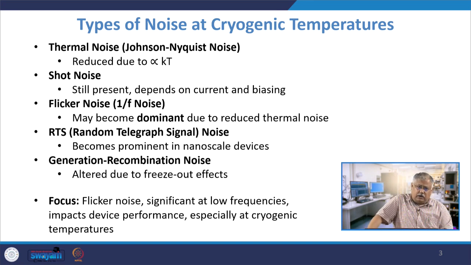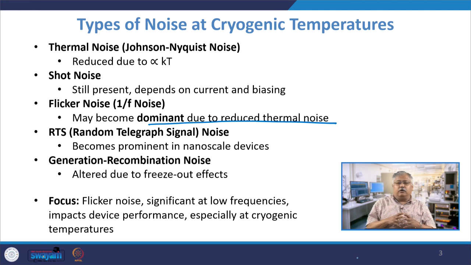Similarly, if you look at shot noise, it is still present, but it also depends upon the current and the biasing. Please understand the currents will be very low, so your shot noise capabilities are very small. However, what is more dominant is basically the flicker noise, right, and this is because the flicker noise per se does not decrease with temperature.